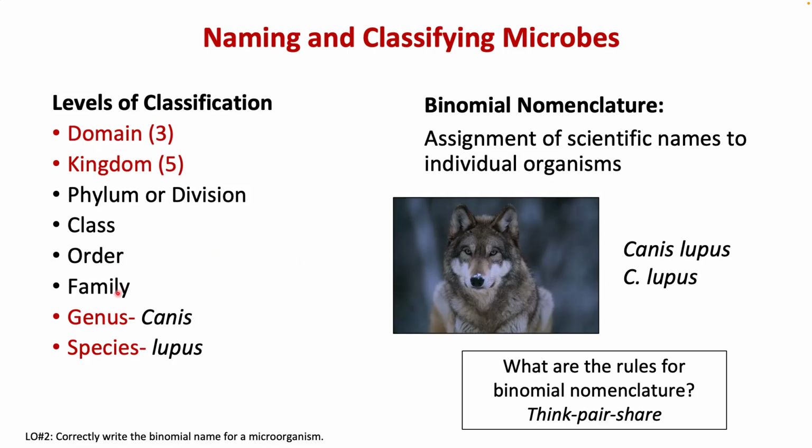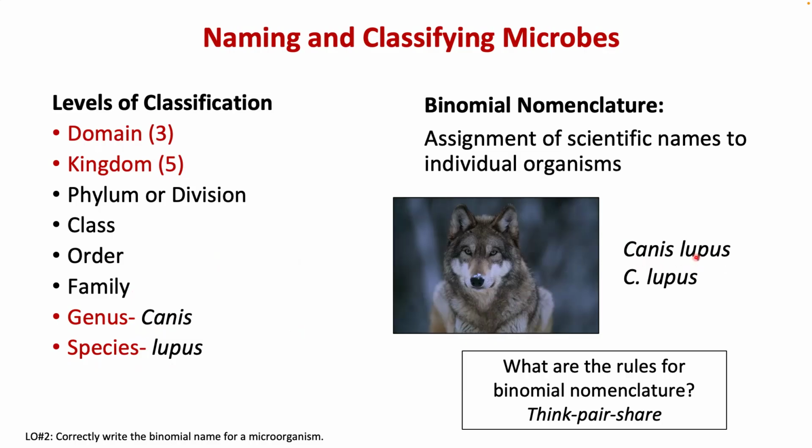Basically, you always have to make sure that the genus name is capitalized from the beginning, and then the species name is always written in small letters. As we can see from here, this organism, which is the dog, is Canis lupus. The C is capitalized, basically the genus name, and the species name is lupus.